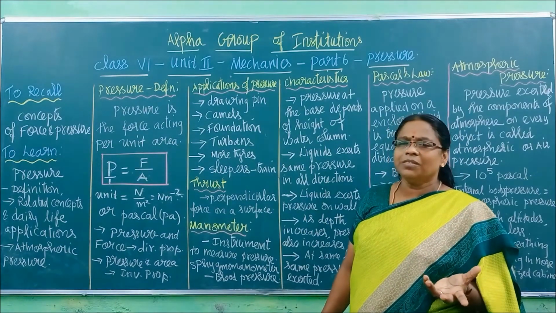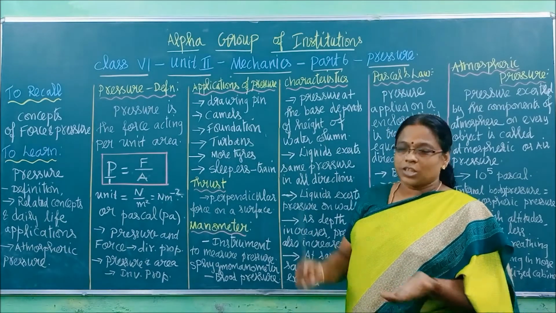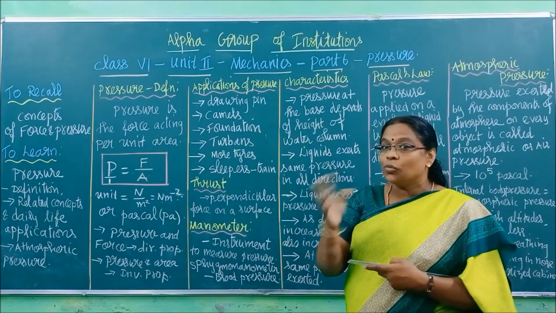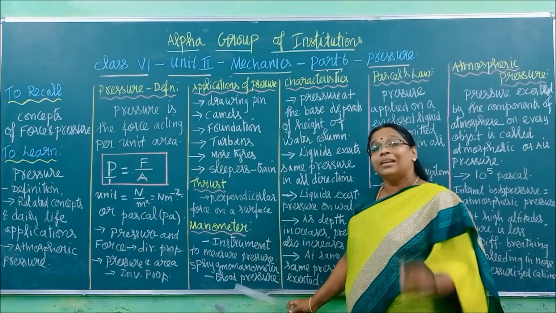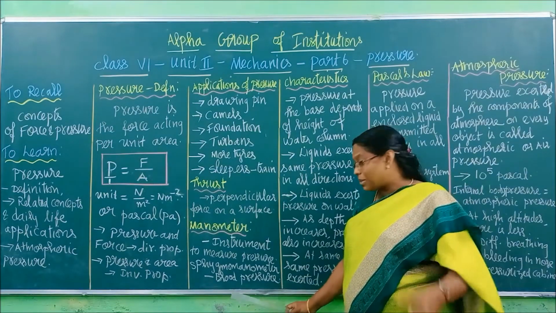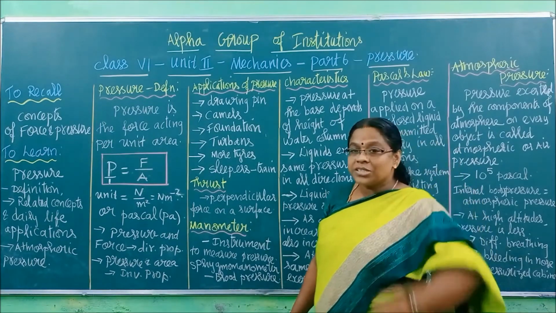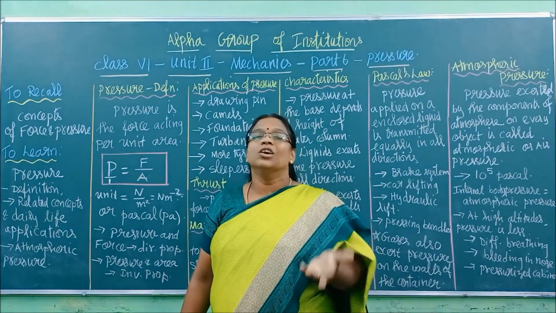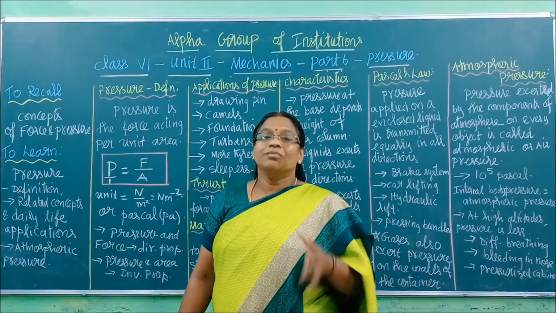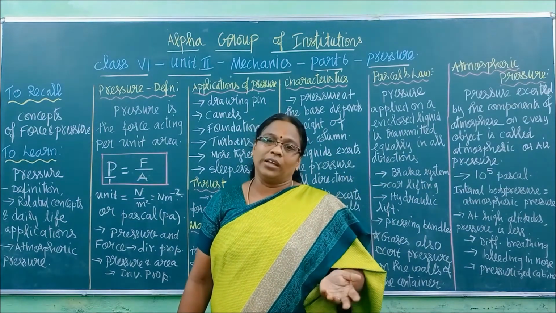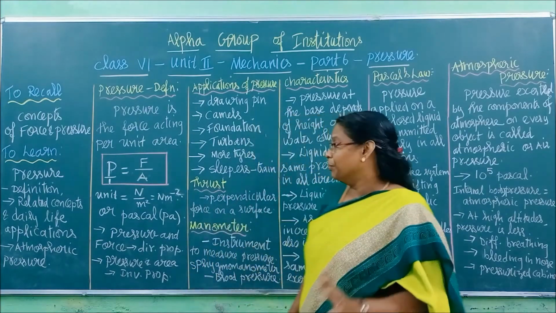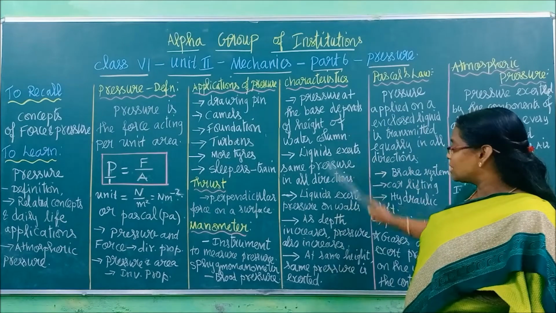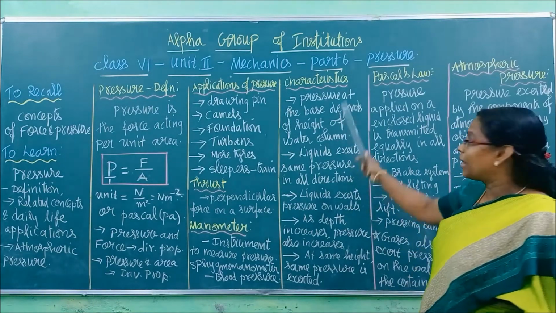In common terms we say BP apparatus. In one box it will have a green color tube and all. Do you remember that? That apparatus, the sphygmomanometer, measures with how much pressure the blood is flowing inside our body. So what apparatus is that? Sphygmomanometer.